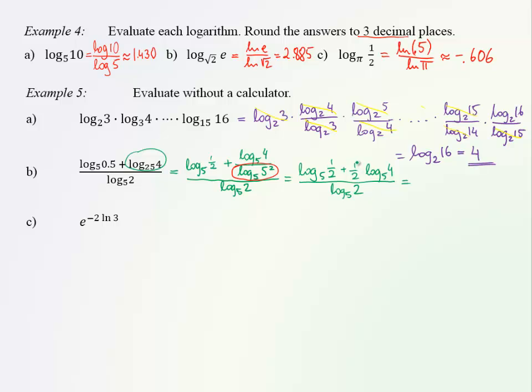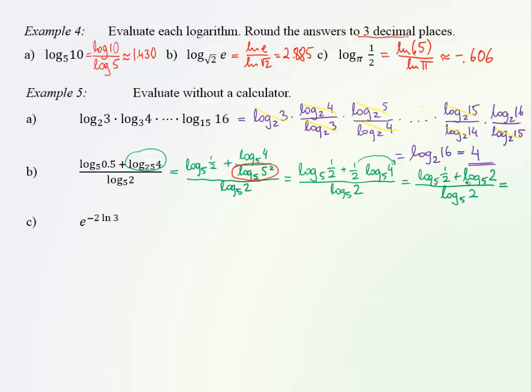Okay, but now we can take this 1/2 and bring it inside the log as an exponent. So 4 to the exponent 1/2 is like square root of 4, which is really the same as 2. Therefore, we have log base 5 from 1/2 plus log base 5 from 2 over log base 5 from 2 as well.